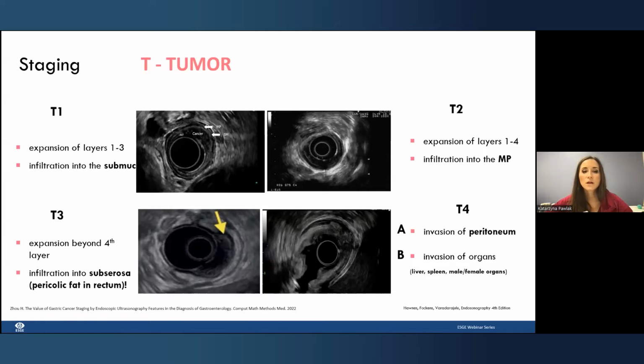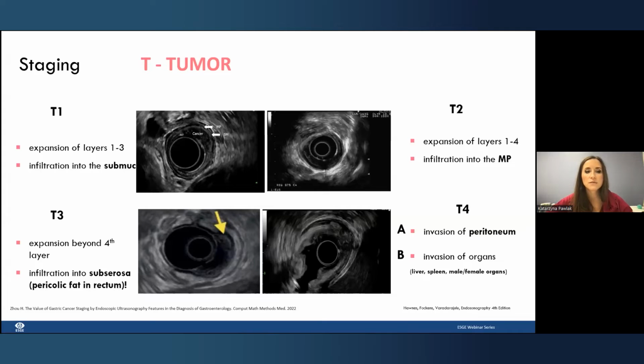So we know how the normal layers look and how a lesion looks. Now we have to think about our T features. If you look here, we have 4 different types of tumors. I didn't include T1a, T1b for esophageal and gastric cancer, but this is the assessment of esophageal cancer.